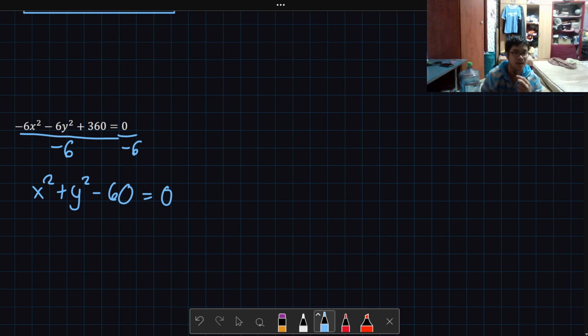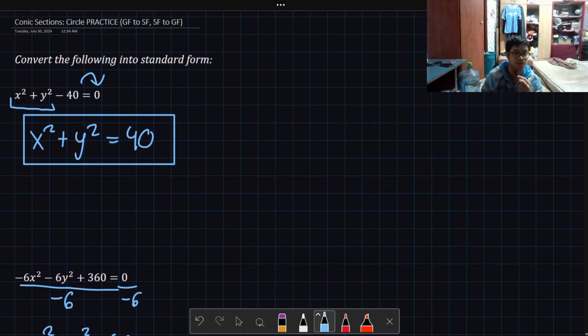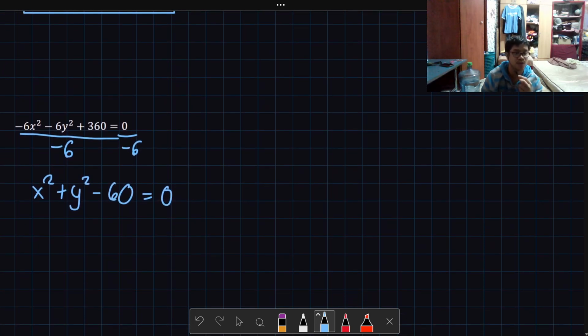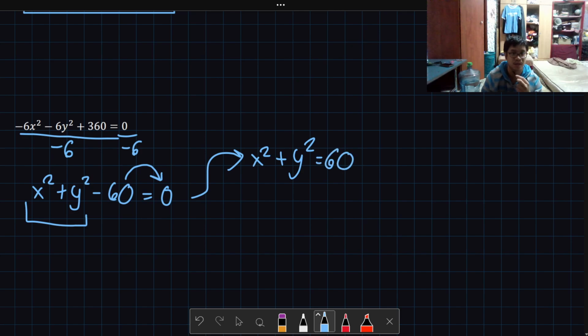Now what's next? We do what we did in the previous problem. Here we have x squared, y squared, and the coefficient became 1. So we group them together while the constant term is transposed to the right. As a result, you will have a final answer of x squared plus y squared is equal to 60. And that is your final answer.